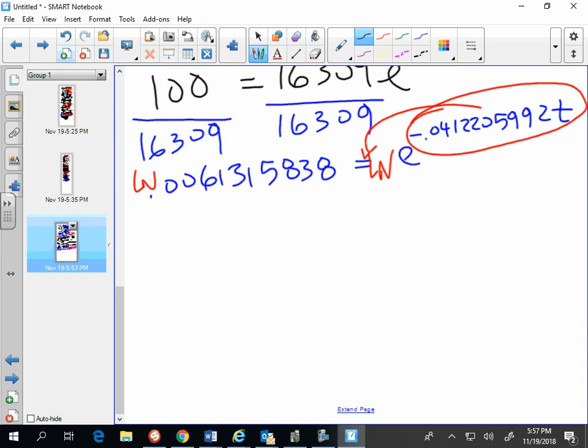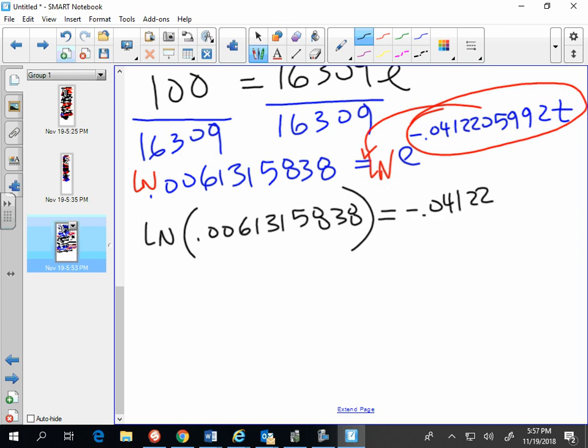Okay, we bring the power down in front. We've got the ln of 0.00613158838 equals negative 0.04122059992t. I need to divide both sides by that rate to get t by itself.